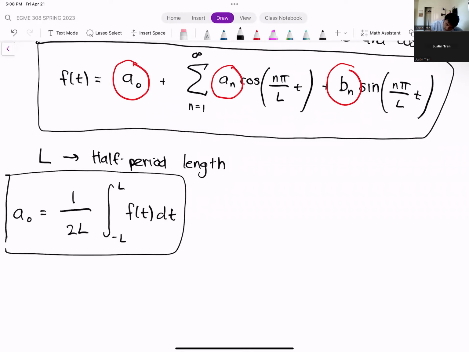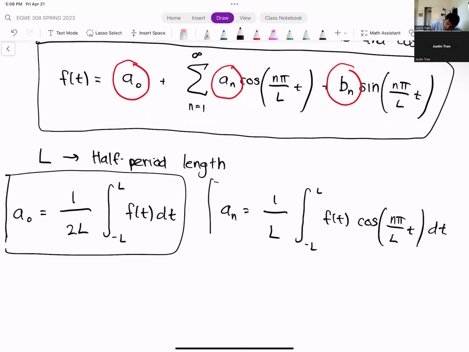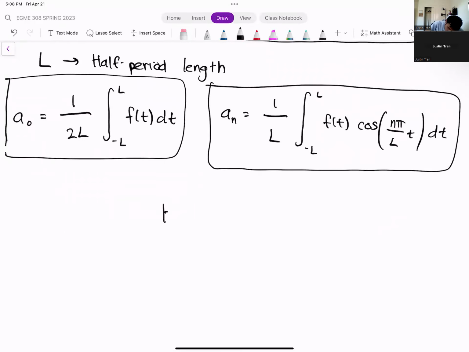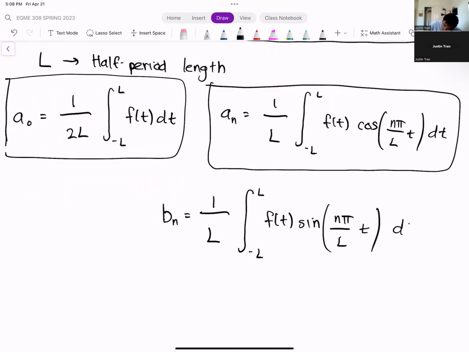An is equal to 1 over L integral from minus L to L of f of t cosine of n pi over L times t dt. And then we have Bn, which is equal to 1 over L integral from minus L to L of f of t sine of n pi over L times t dt.